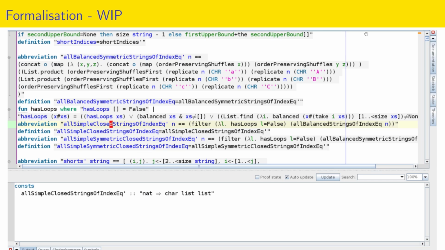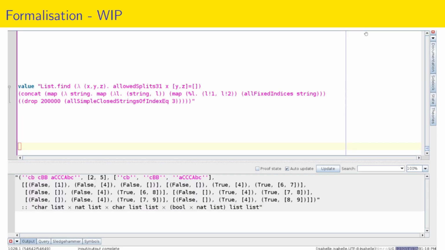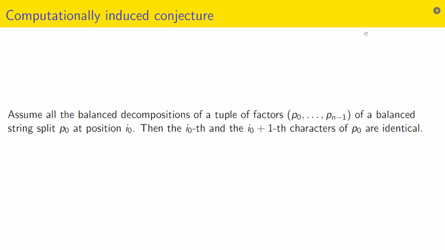And this is even more computational, so it's not used for the proof, but just to do experiments here. So I have a way basically of computing all the possible decompositions and all the possible strings of a given length. And this was somehow useful, as you see in the last slide, because I can compute all the decompositions of a given string.